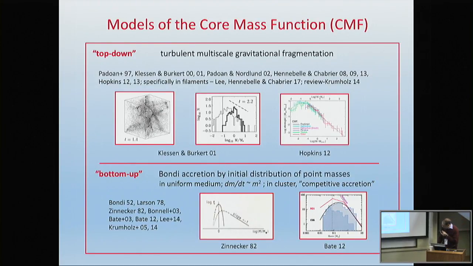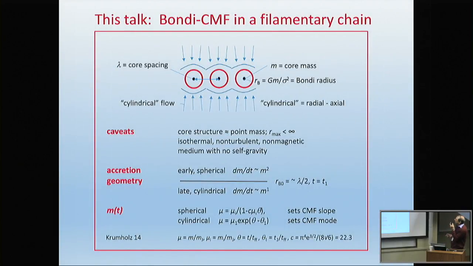What I want to do is a very, very simple treatment of what you might call competitive accretion in a filamentary chain where the masses are growing by Bondi accretion.